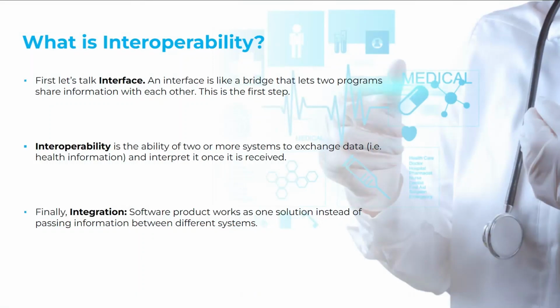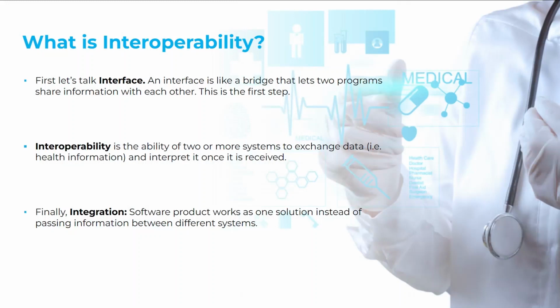Before we get into what interoperability is now, I wanted to start off with interoperability in general. I like to start with interface, which I think of as the precursor to interop.